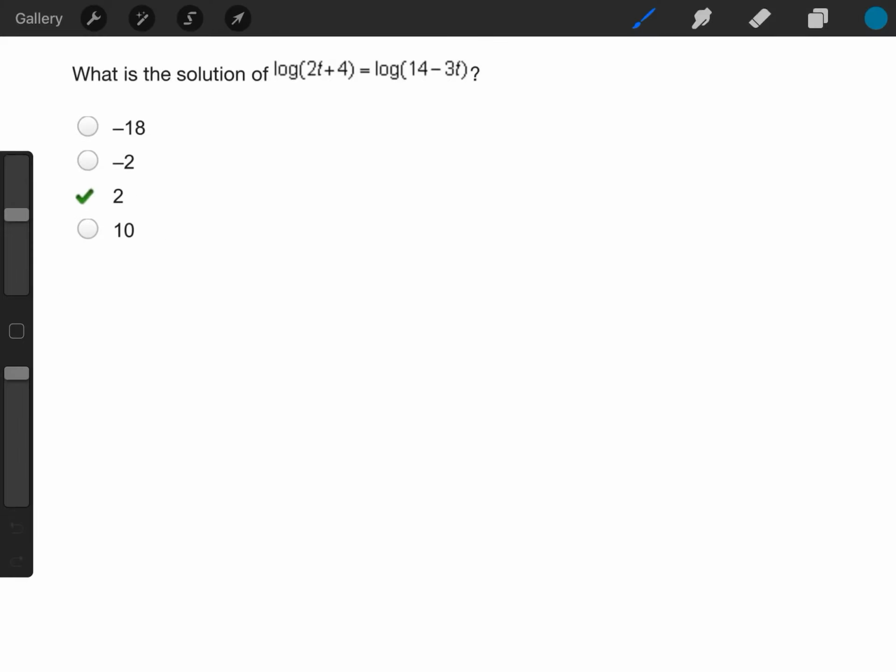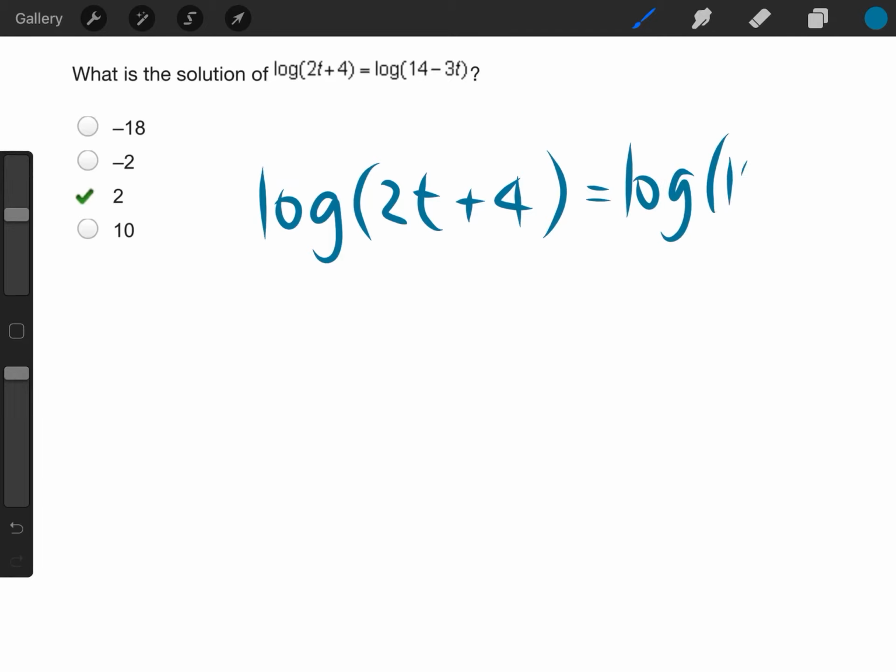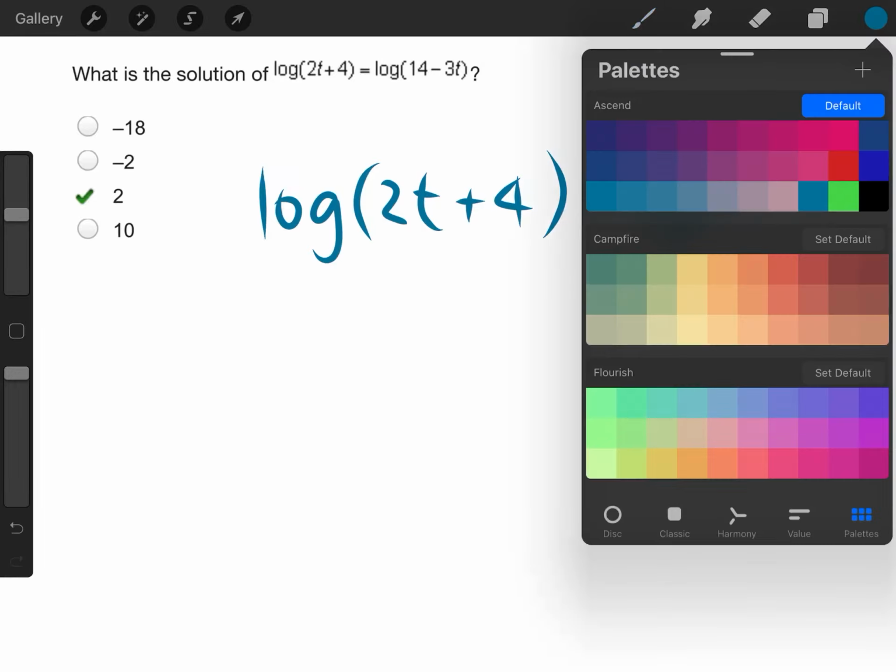Okay, what solution is that? Let's write it out. So 14 minus 3t, and you see that both expressions on both sides have a log, right?